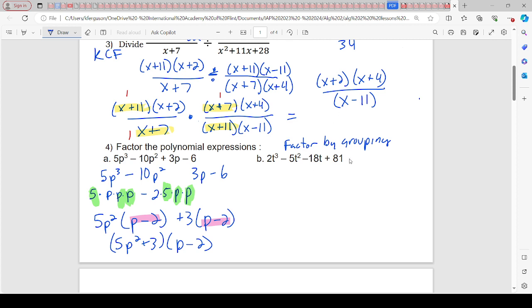So then I'm going to do the same thing here. I'm going to take 2t cubed minus 5t squared, and I'm going to take negative 18t plus 81. Something don't look right. That's not going to work.